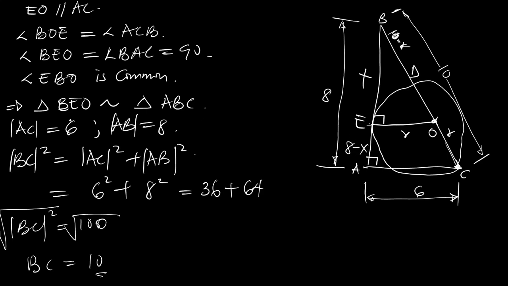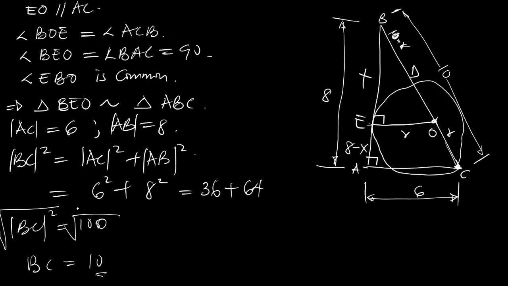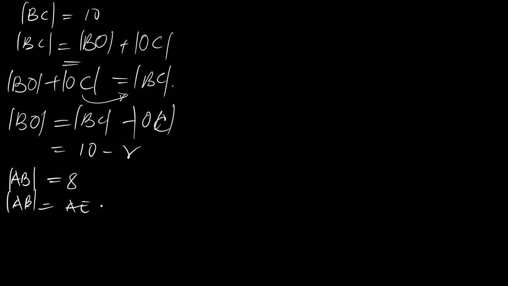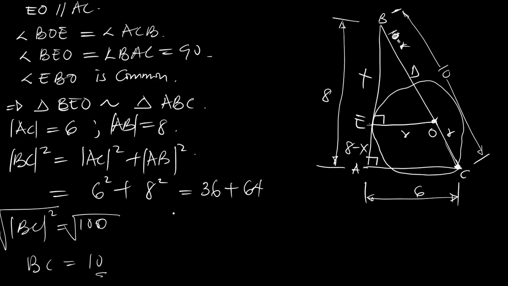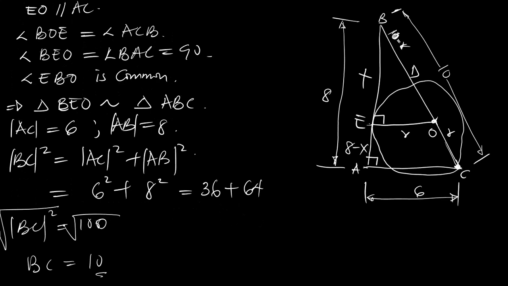So now let's also show that, because you know that AB is equal to 8 and AB is equal to AE plus EB. AE is unknown plus BE, which is x.